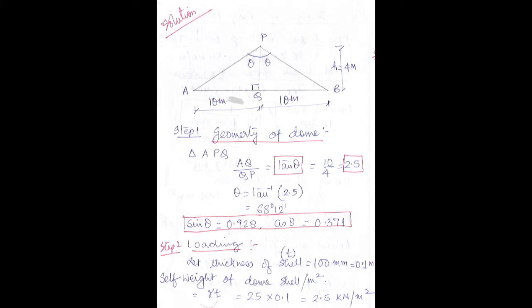You should memorize this value, 25 kilonewton per meter cube. Even if it is not given in the question, you are assumed to know these standard values. So 25 multiplied by T, 0.1, gives 2.5 kilonewton per meter square. That is the self weight of the dome per unit cross sectional area.